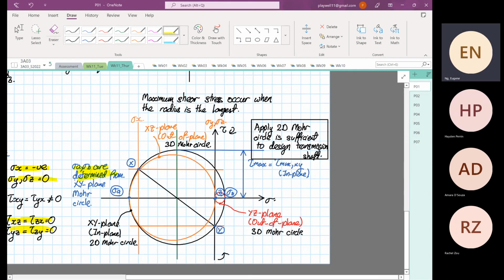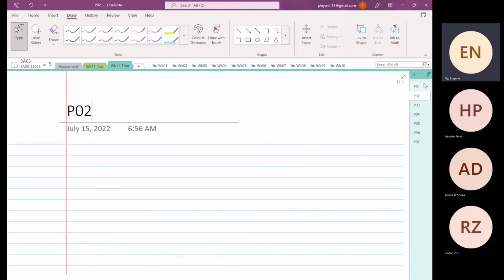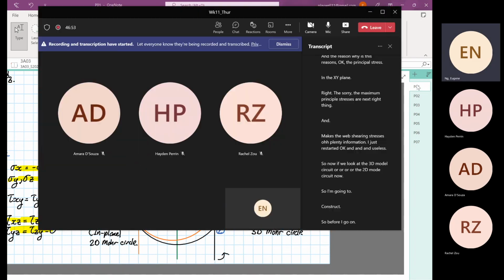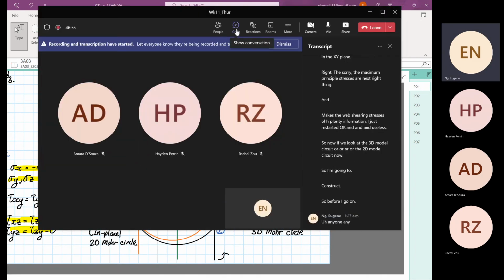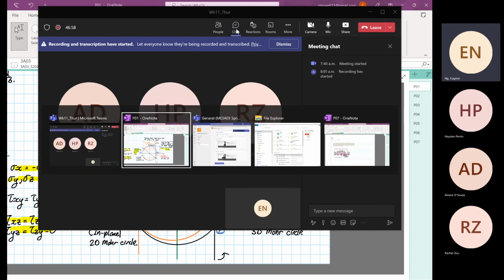The maximum principal stresses are in the XY plane, and the maximum shearing stress is in plane. The out-of-plane information is just redundant and useless. Before I go on, any question? I don't see anyone writing anything.